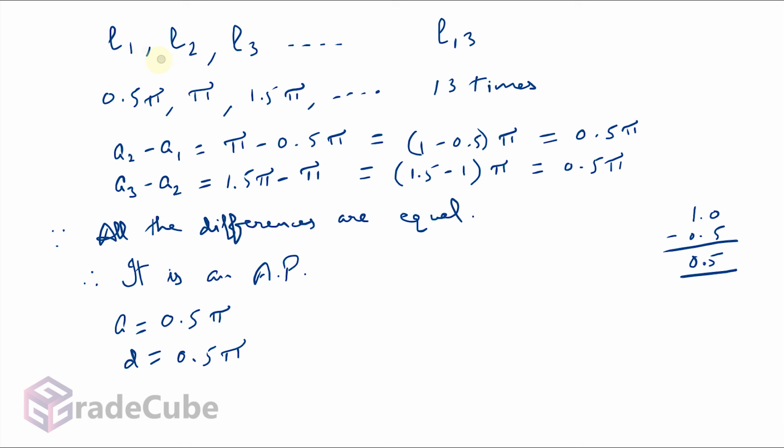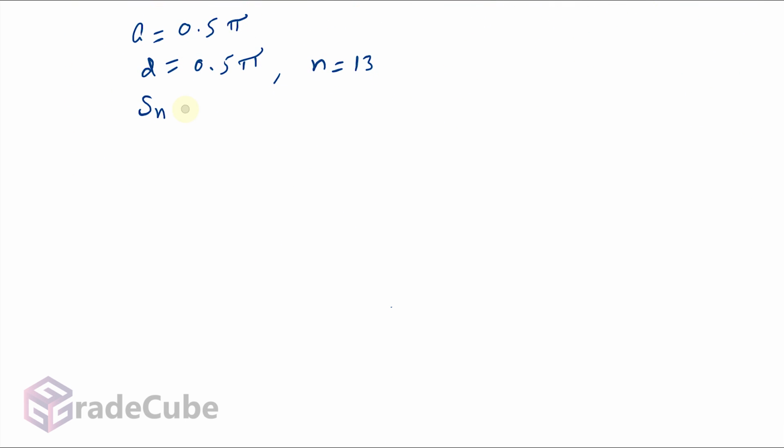It means we have to find the sum of this series. So we have to find Sn, where n is 13, right? Let's do it. Formula for Sn is n upon 2 into 2a plus n minus 1 into d. We are not using the last term because we don't have the last term, so we are using this formula.